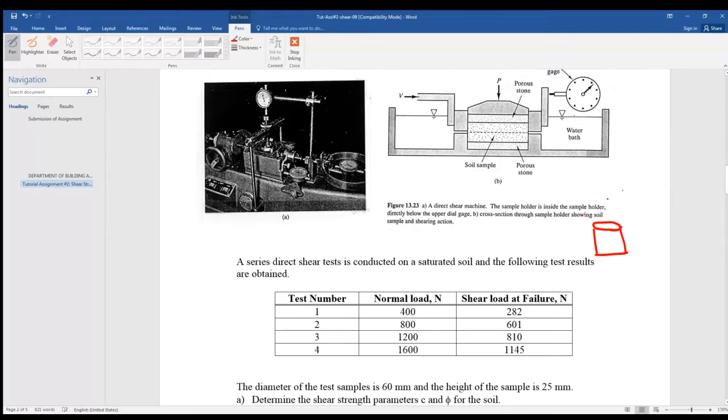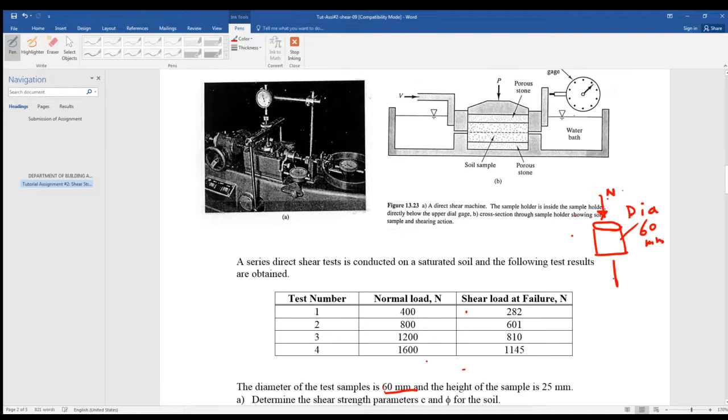You apply the normal load N, and the diameter is 60 mm.